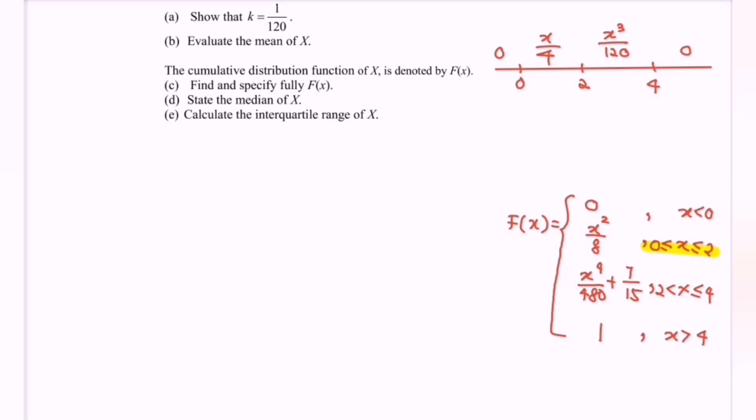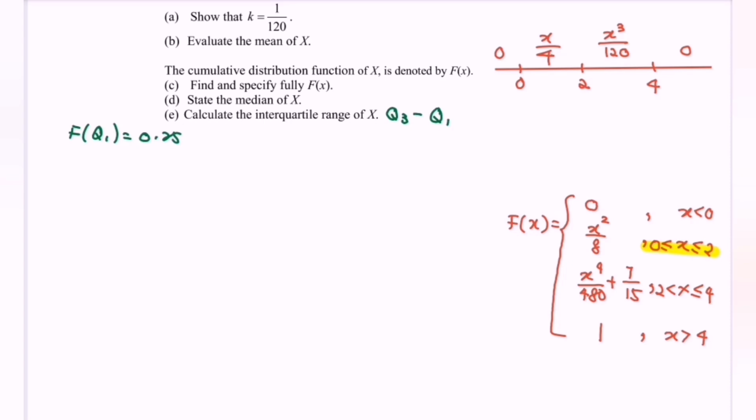Next, calculate the interquartile range. As we all know, the interquartile range formula is Q3 minus Q1. Now we're going to find Q1. So where to find Q1? Q1 represents F(Q1), so F(Q1) is equal to 0.25.